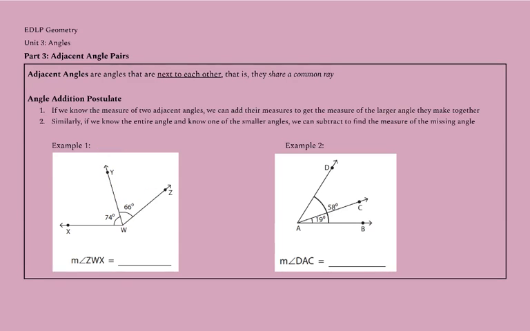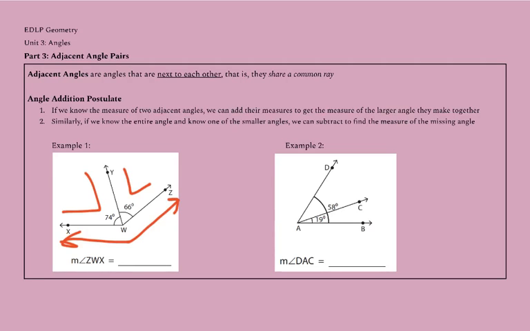Now, if I know the measure of both of those angles, I can add their measures to get the measure of the larger angle that they're making together. So even though there's this little XWY, YWZ, all together they make this larger angle XWZ, or as they write it, ZWX.